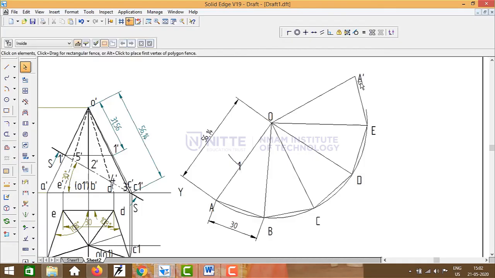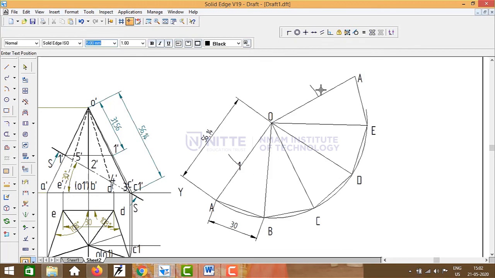Same way on OA here, we have 1. So the same arc, you can draw it from O. 31.56 will be the radius. Draw the arc here. So this is again 1 on OA.